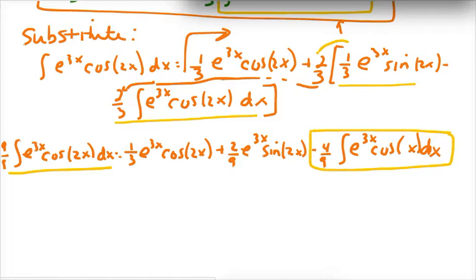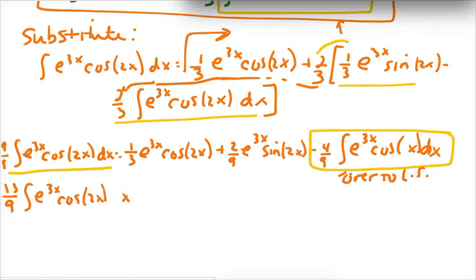So if I bring this term over to the left-hand side, I'm going to combine them. 4/9 plus 9/9 is 13/9 the integral e to the 3x cosine of 2x dx.